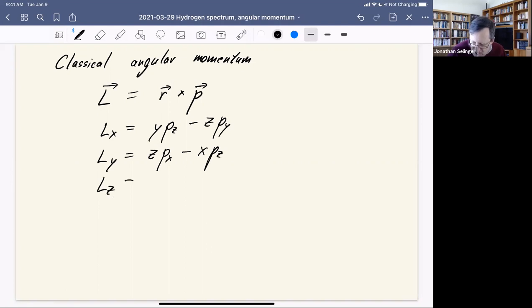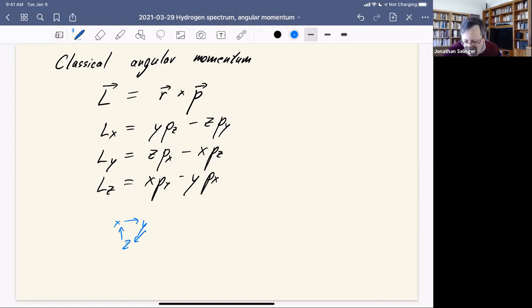And Lz is x py minus y px. And you can remember the pattern here because there's a cycle of x, y, z, and you can make cyclic permutations going around there.